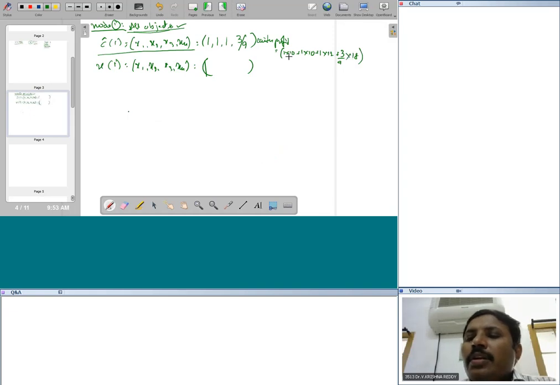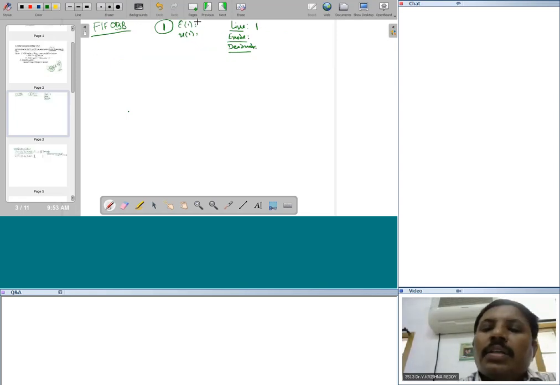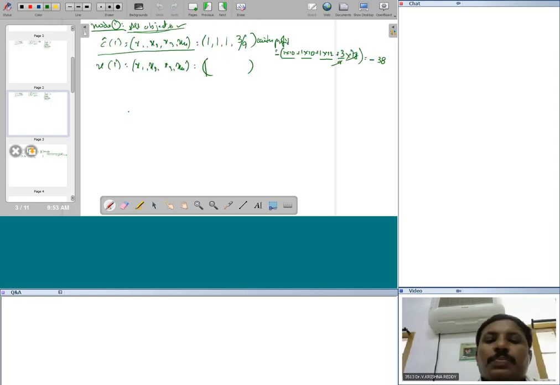So 10 plus 10 plus 12 is 32, plus 6 is 38. But as per our previous discussion, for each and every computed profit value, we just add minus. So C cap of 1 is minus 38. Similarly, please respond for u of 1.